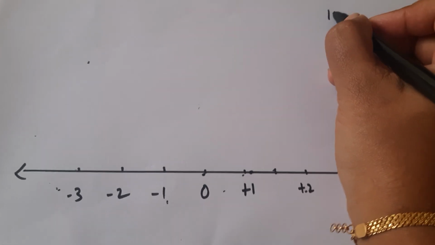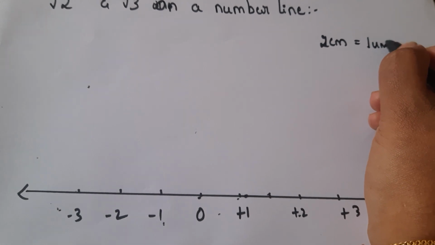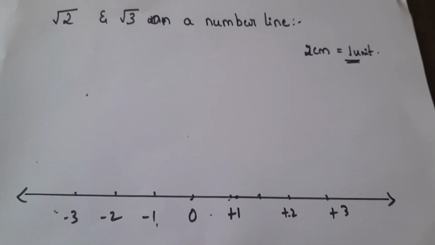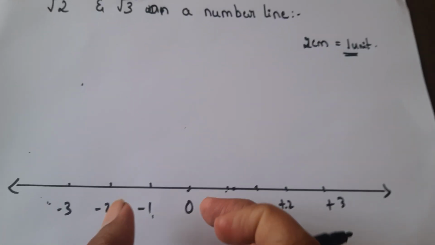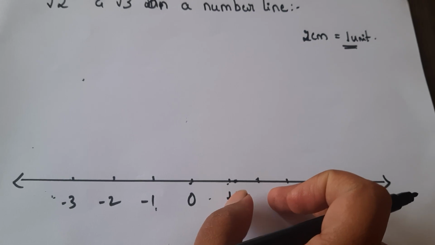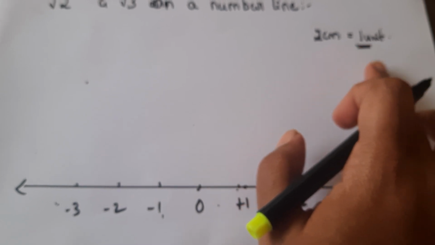So 2 centimeter equal to 1 unit is the scale. You write the scale while plotting a graph, right? You need not write it here, but to avoid confusion about getting a big or small triangle, I am showing you 2 centimeter as 1 unit.